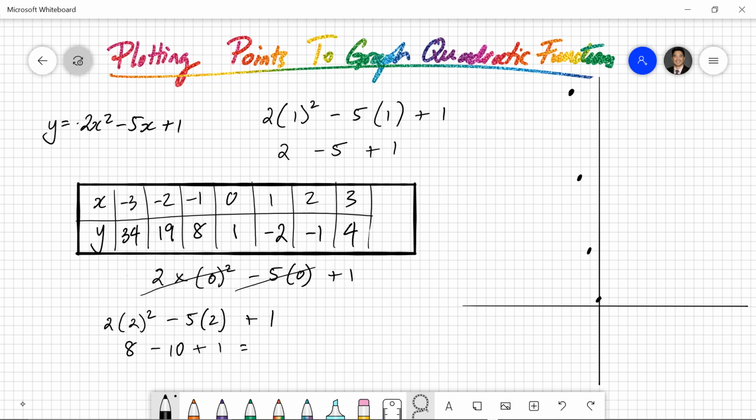Then when x is 1, it's minus 2. So putting it there, and then when x equals 2, it's minus 1. And then when x equals 3, then y equals 4.